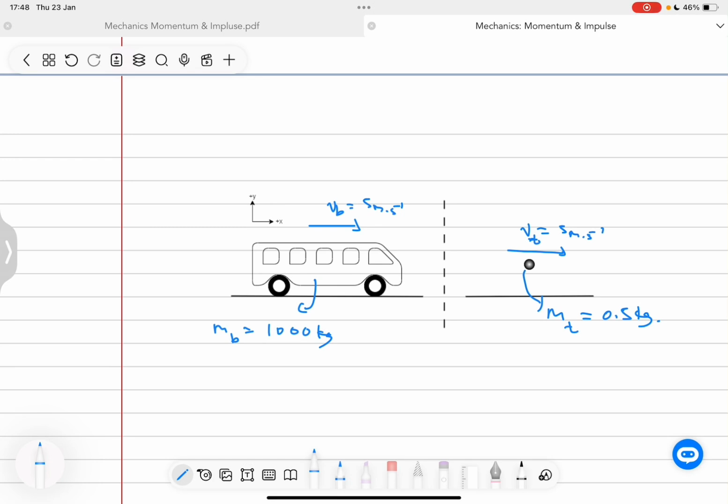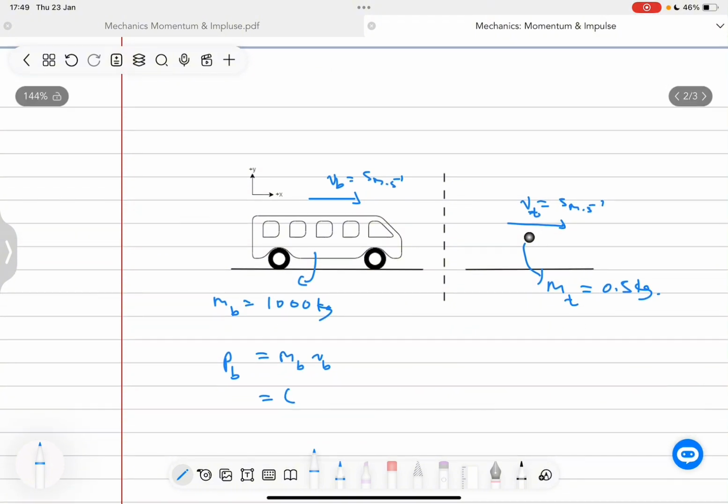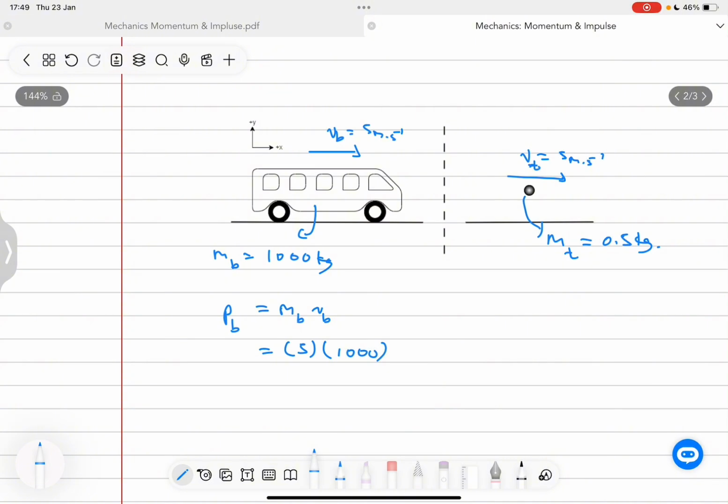Now, if I were to compute the momentum, let's start first with the bus. It's going to be pb is equal to mb times vb. And this would then give me the mass of 5 and the mass of 1,000.